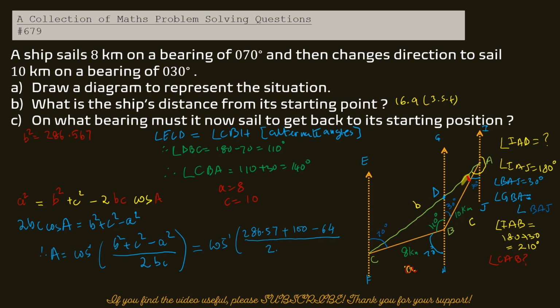So 2 times B, which is 16.9, and times C, which is 10. So that's what it is.